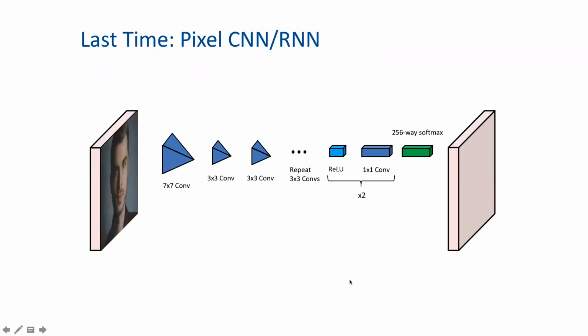We also talked about autoregressive models, and one of the simpler examples was pixel CNN, where basically you have a convolutional network that produces a single softmax output given an area of an input image, and you can apply that recursively to generate an output image pixel by pixel.